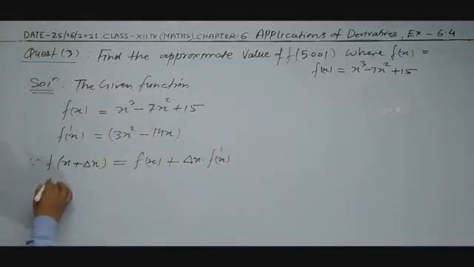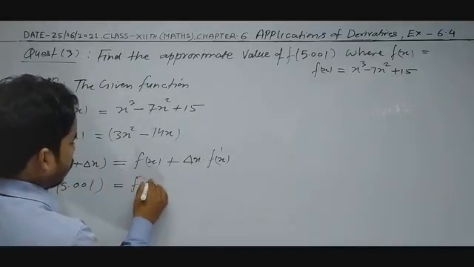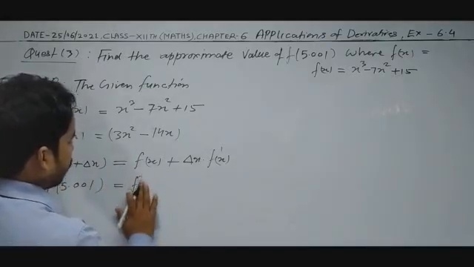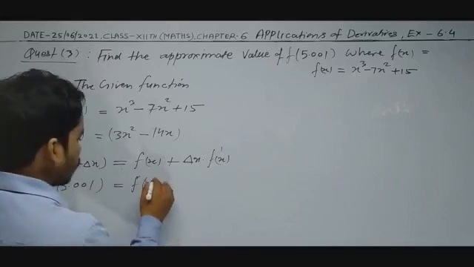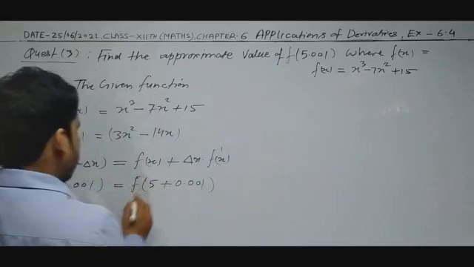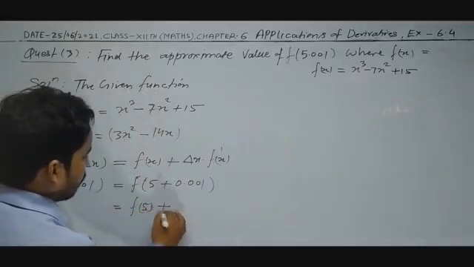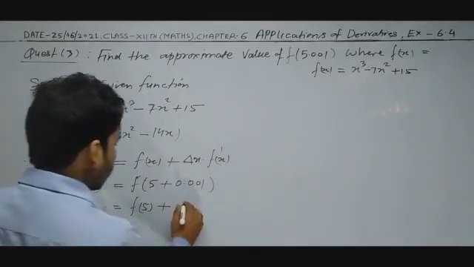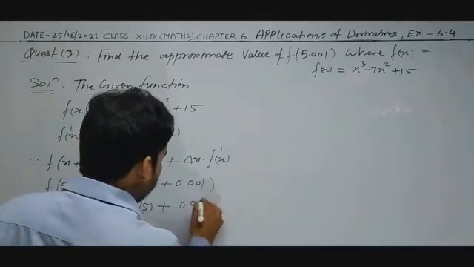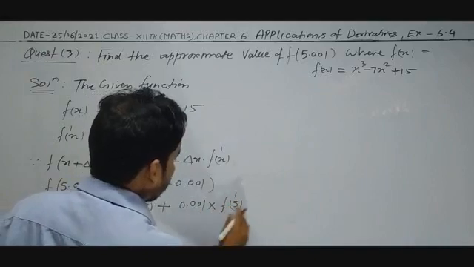Similarly you can write f of 5.001 is equal to f of 5 plus 0.001, and this can be written as f of 5 plus 0.001 multiplied by f dash of 5.